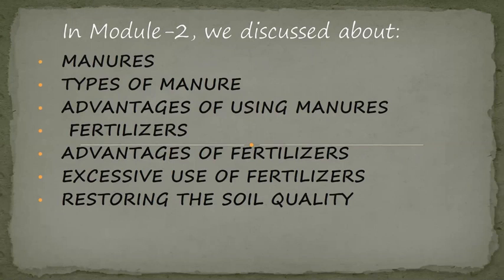We discussed manures, the types of manure, various advantages of using manure in the soil, what are fertilizers, what are the advantages of fertilizers, the effect of excessive use of fertilizers, and how to restore the soil quality.